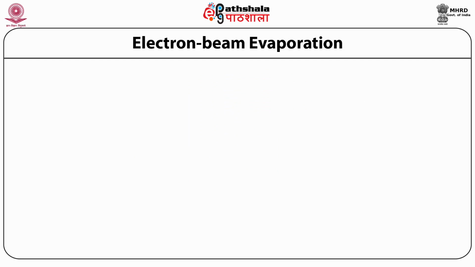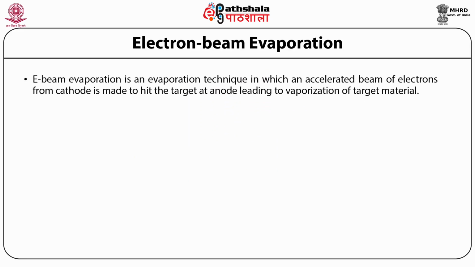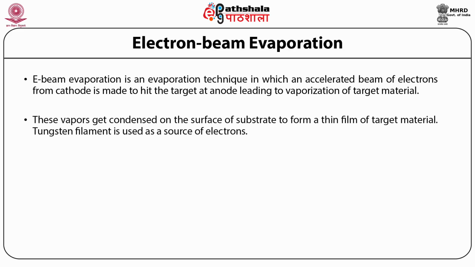Electron beam evaporation is an evaporation technique in which an accelerated beam of electrons from a cathode is made to hit the target at the anode, leading to vaporization of target material. These vapors get condensed on the surface of the substrate to form a thin film of target material. Tungsten filament is used as the source of electrons.